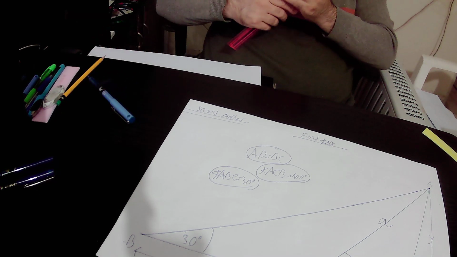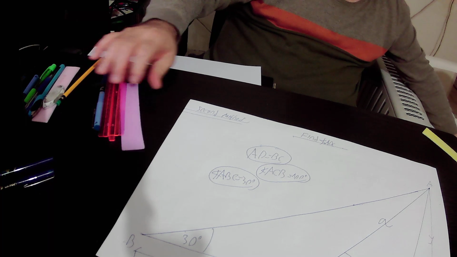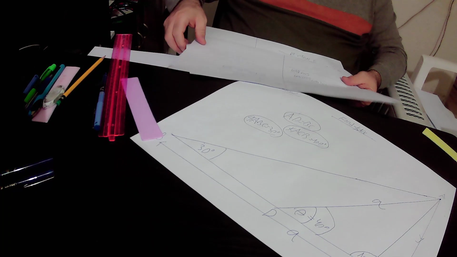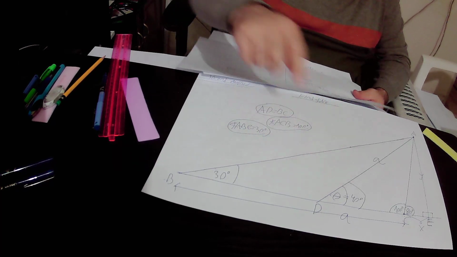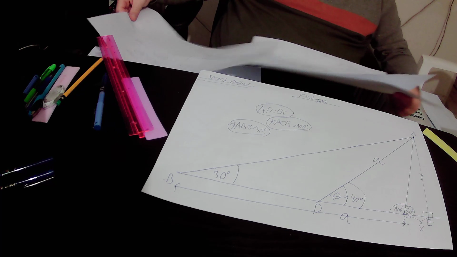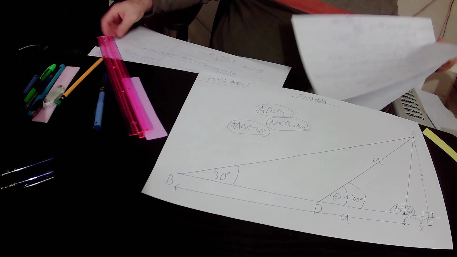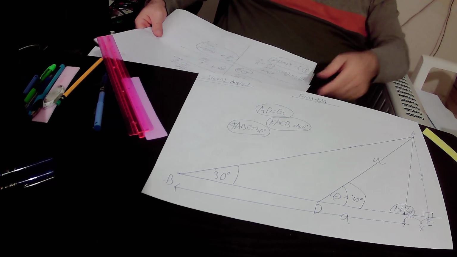So now I will summarize the lecture. Actually, we wanted to find out the value of angle theta, that is actually this angle ADC. We found the value of angle theta in two different methods.